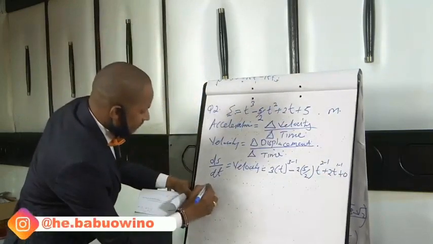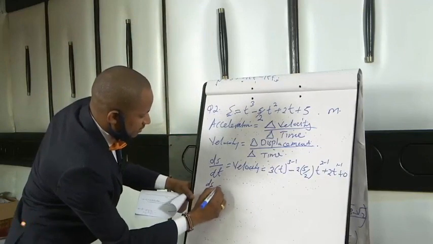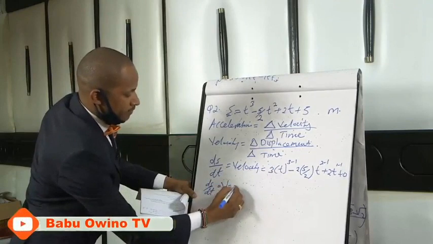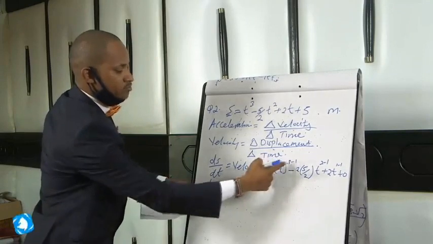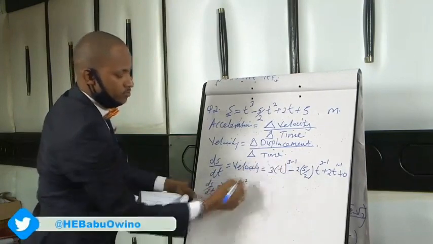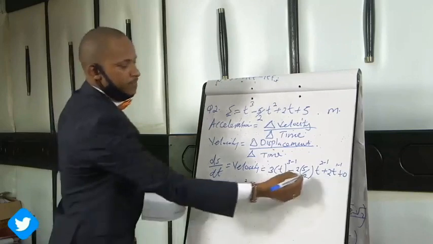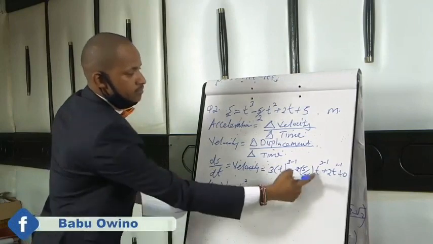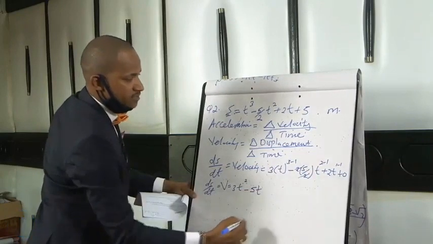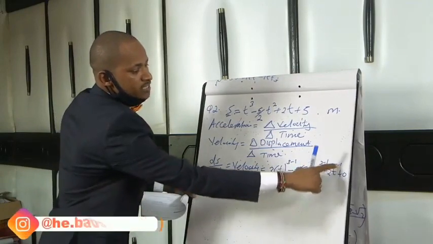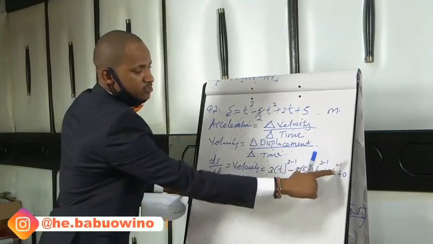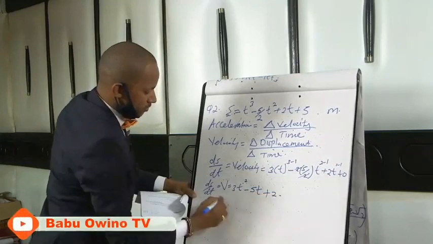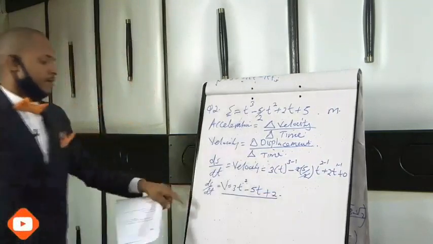Therefore, ds/dt, which is our velocity, equals 3t squared. 3 minus 1 is 2. Minus 2 cancels with 2. You get 5, t raised to power 1, which is 5t. Plus 2t raised to power 0. t raised to power 0 is 1. Therefore, 1 times 2 is 2.